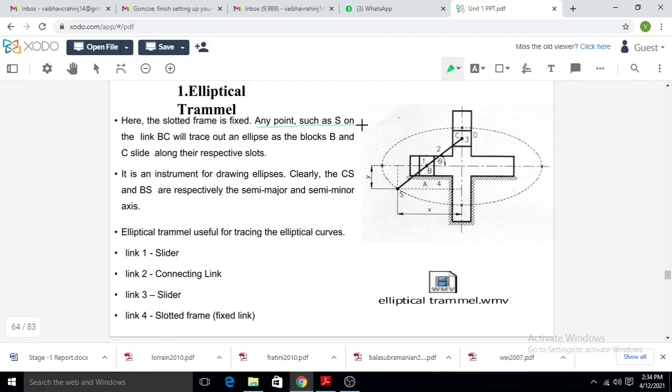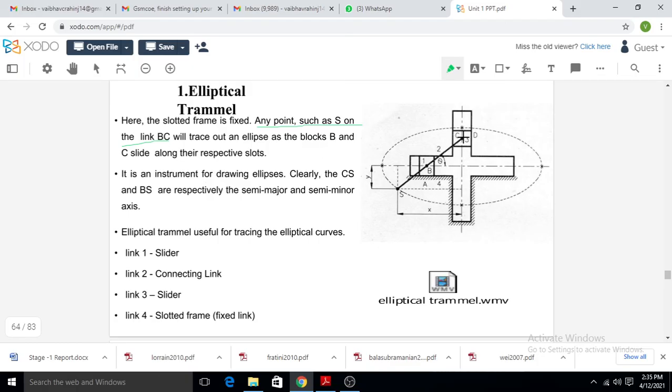Any point such as S on the link BC will trace out an ellipse as the blocks B and C slide along their respective slots.